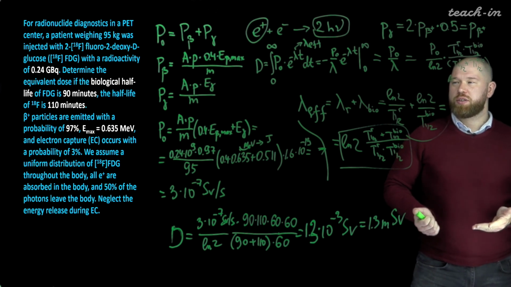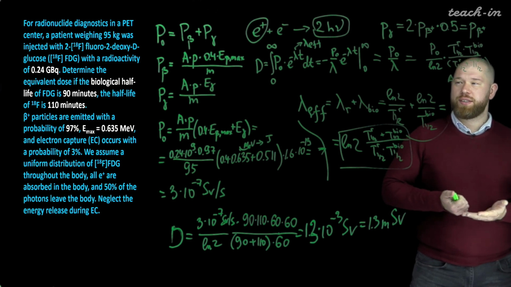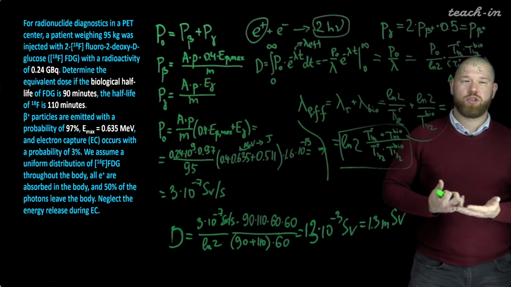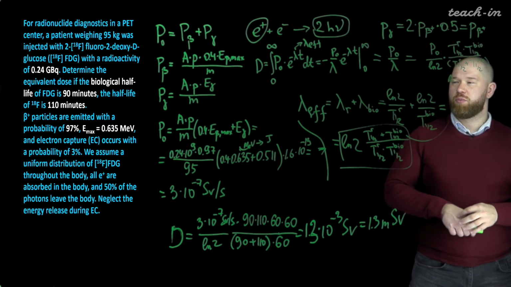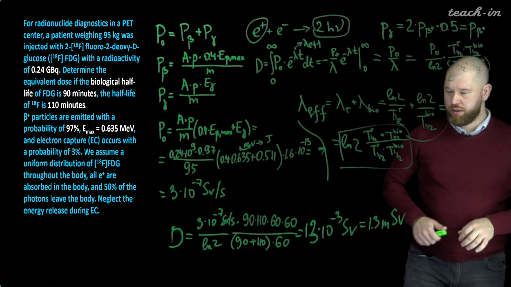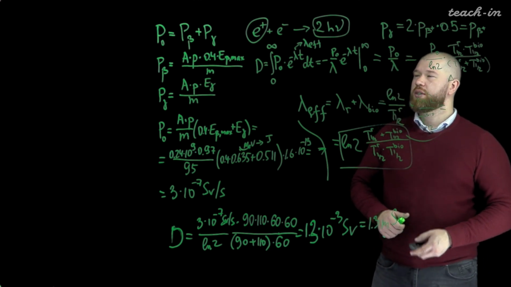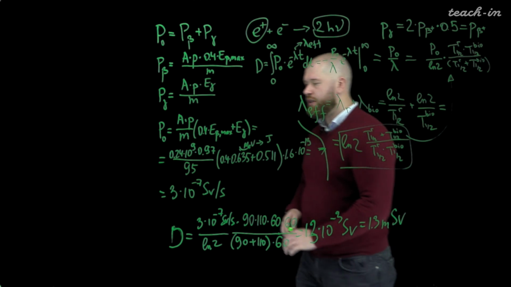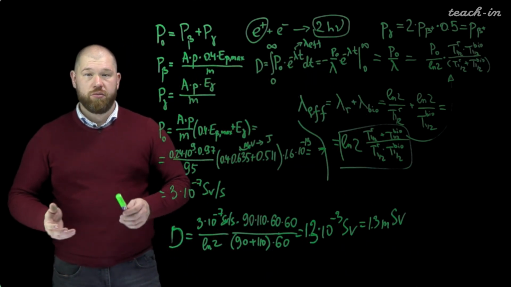So from this illustrative example you can see how all these calculations of the equivalent dose for the patient are performed. So this is all. This is all for today's seminar, and see you next time.